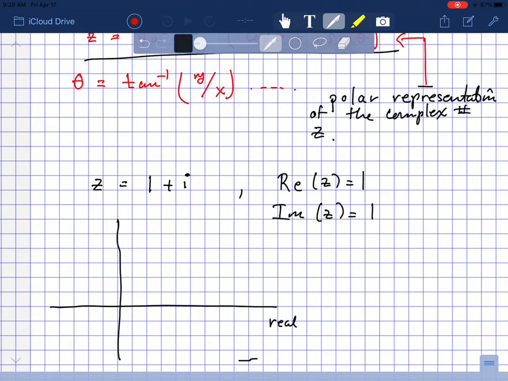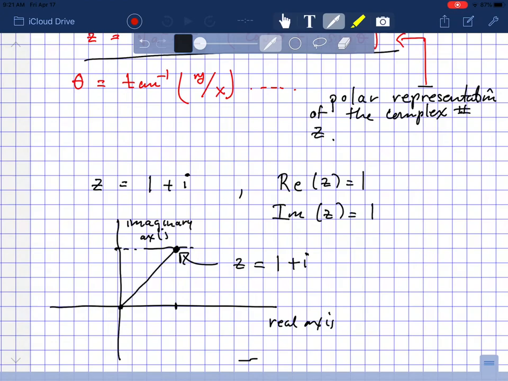So here again, this is the real axis, and this is my imaginary axis. And I'm moving out 1 unit in the positive direction along the real axis, to this point here, and 1 unit along the imaginary axis in the positive direction, which is up from the origin, and that brings me to this point here. And so this point represents the complex number z equal to 1 plus I.